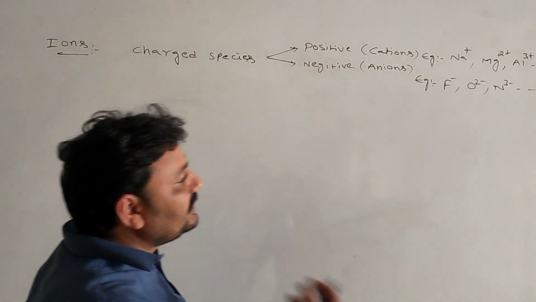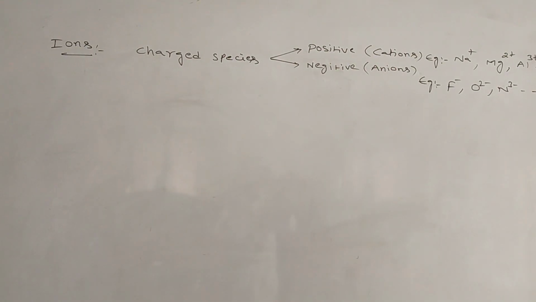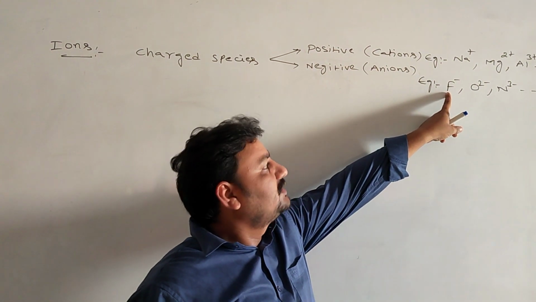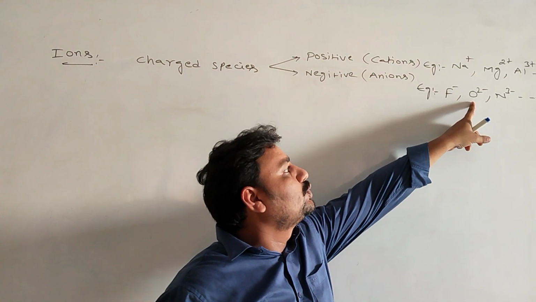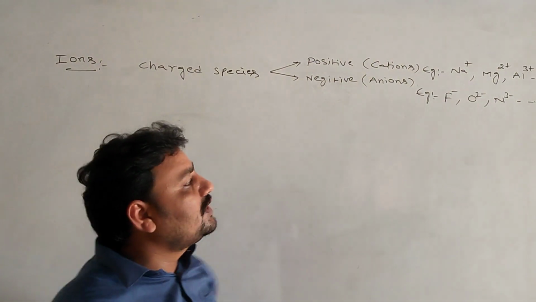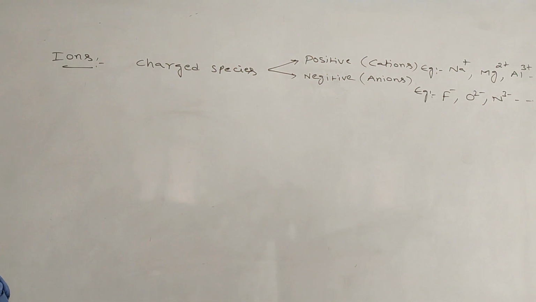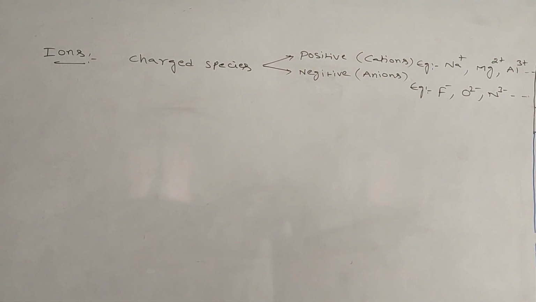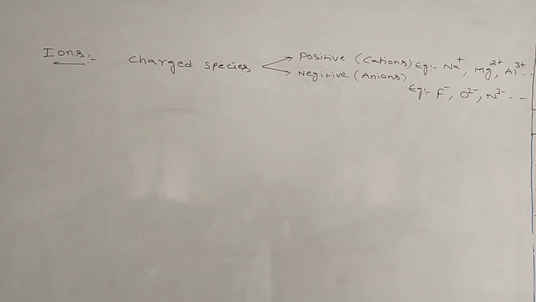They gain electrons to get stability like noble gases. What is the valence of fluorine here? 1. Oxygen? 2. Nitrogen? 3. Because charge is equal to valency. What is the charge of fluorine? Minus 1. What is the valence of fluorine? 1. That is the difference between them.